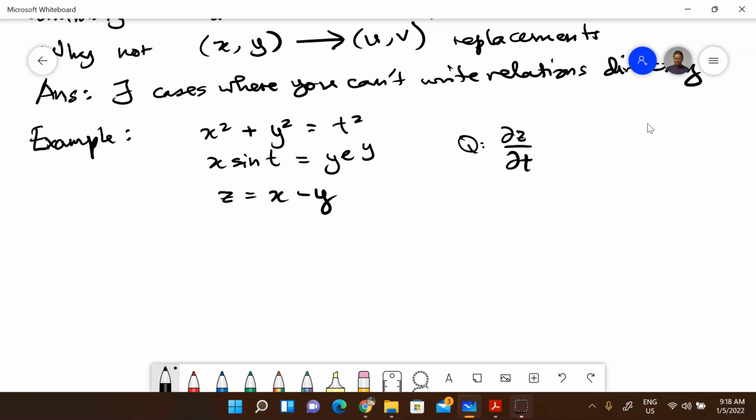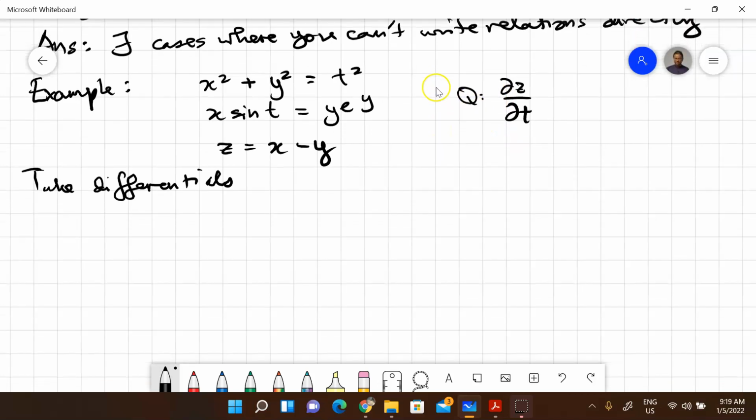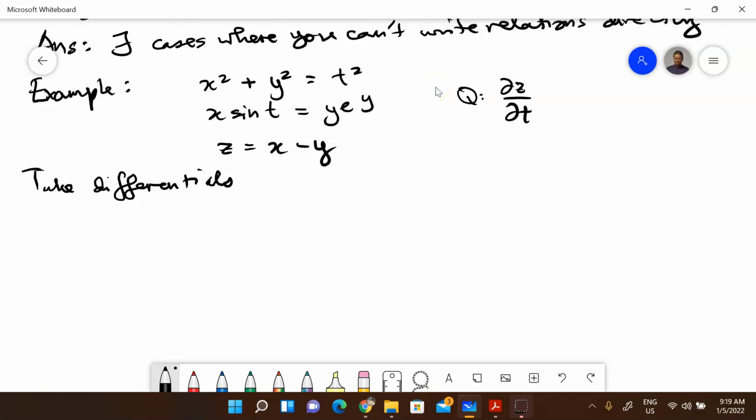Let me just see. I'm looking at the right thing here. So let's do the first one. Take differentials. I need to push this up a little bit because I'm running out of space on my tab. Take differentials.